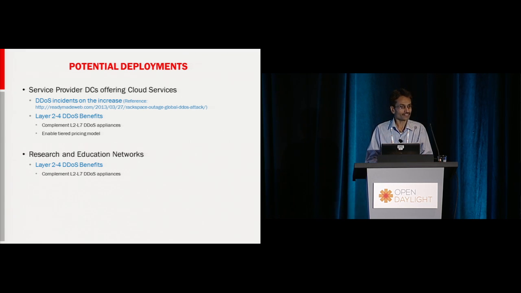And here the biggest benefit this solution can offer is that it can complement layer 2-7 DDoS appliances and enable a tiered pricing model for the operators. So this is a service provider data center story. And not just that, we have also seen interest in research and education networks, where such tools and solutions can complement the existing layer 2-7 DDoS appliances.